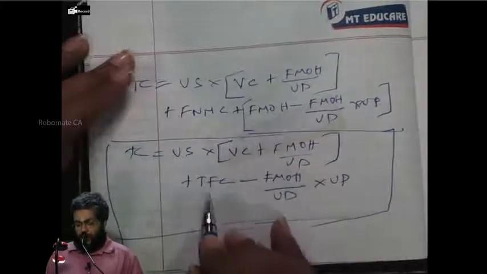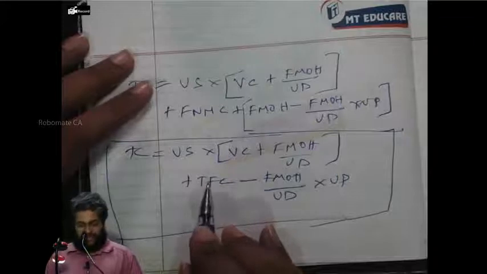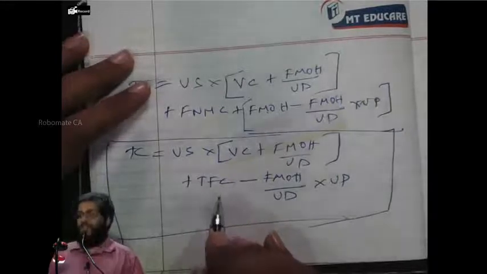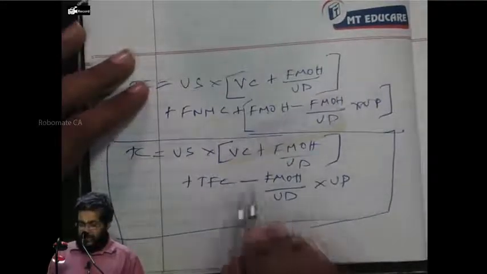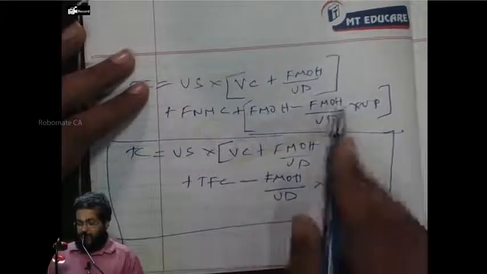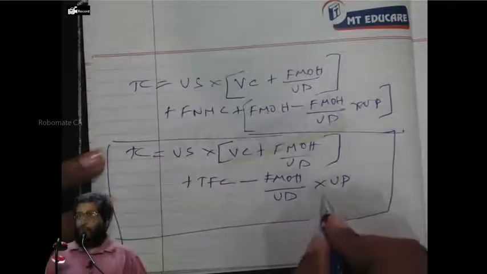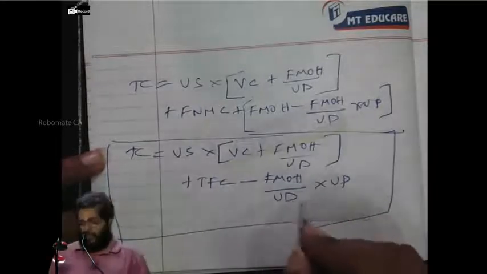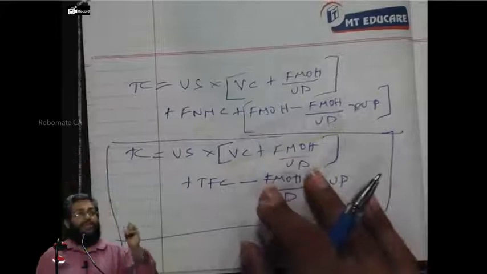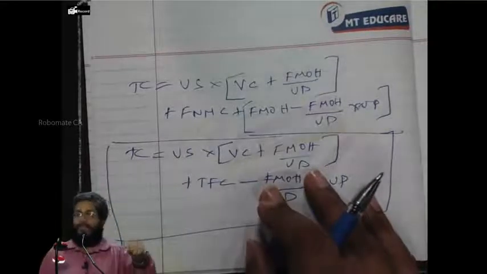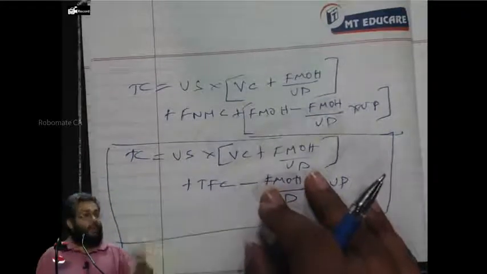Added, that gives you what? Total fixed cost minus FMOH by UD into UP, plus FMOH by UD into UP. Now point C, over or not?